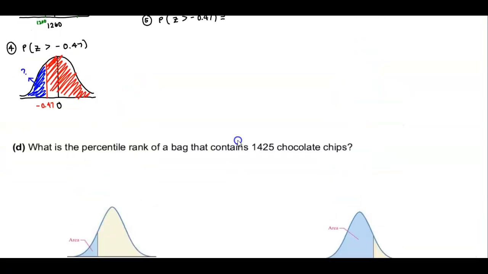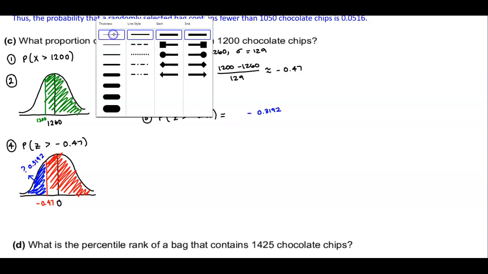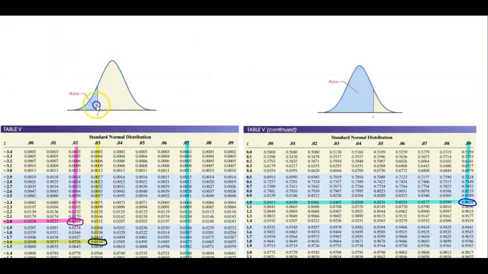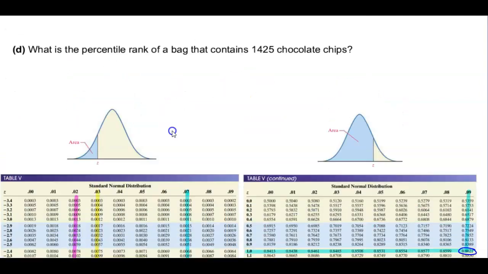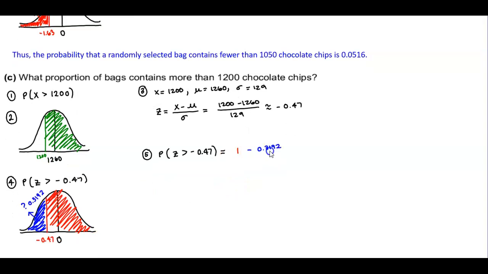So what that means is we need to take the value of 1 and subtract 0.3192. But in order to find the red area, we need to take 1 and subtract 0.3192 because all of our z-scores have the areas to the left. So in order to find the area to the right, we need to take 1 and subtract that.